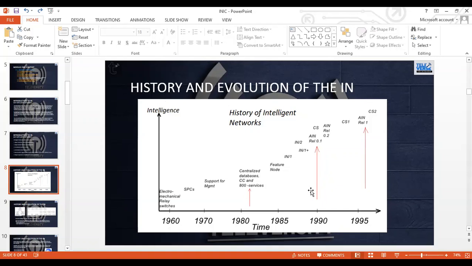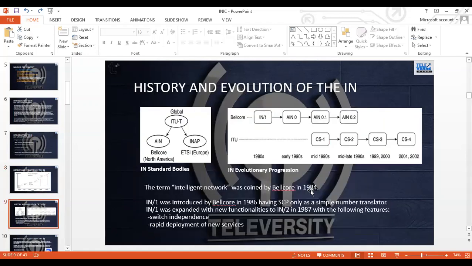Okay, so we are still on the history and evolution. I just want you to have a feel of how IN became what it is from the old fixed hardwired switch system. So the term intelligent network was coined by Bellcore in 1984.